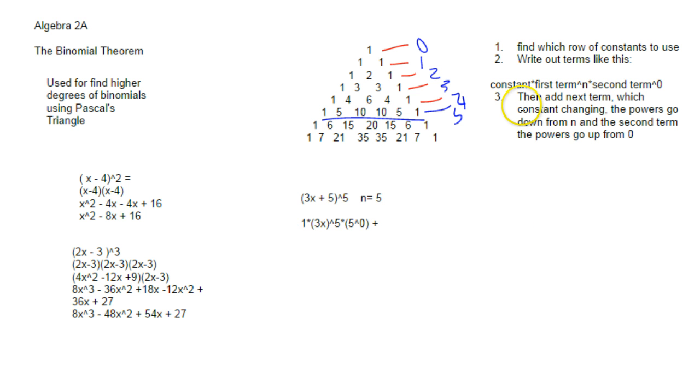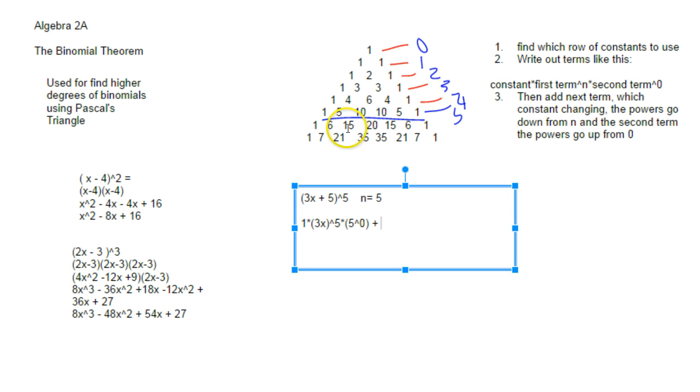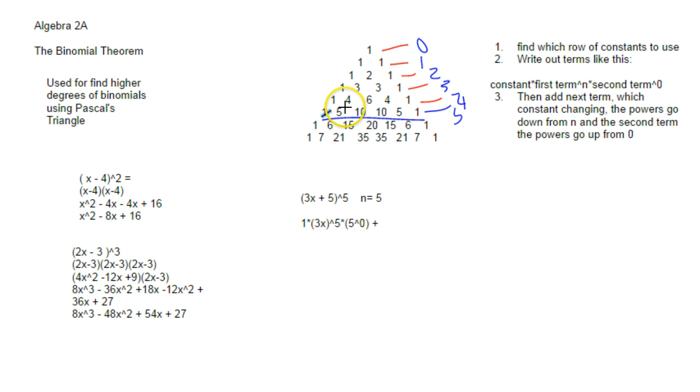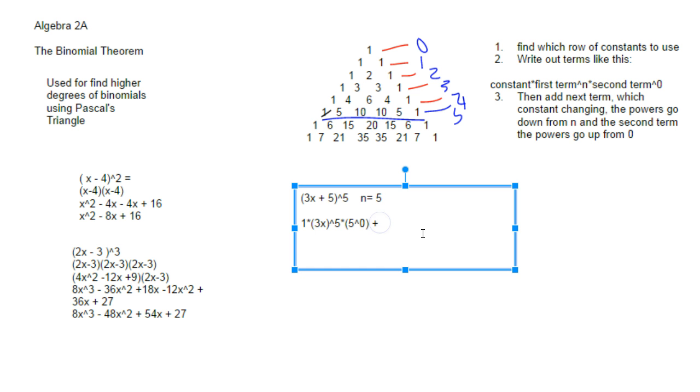Now then you add the next term, where the constant changes. The powers go down from n, and for the second term the powers go up from 0. The next one, I already did 1, so I'm done with that one. I move on to 5, and so my new constant is going to be 5. So 5 times 3x, it's always going to be that term, but instead of the 5th power it's going to be the 4th power.